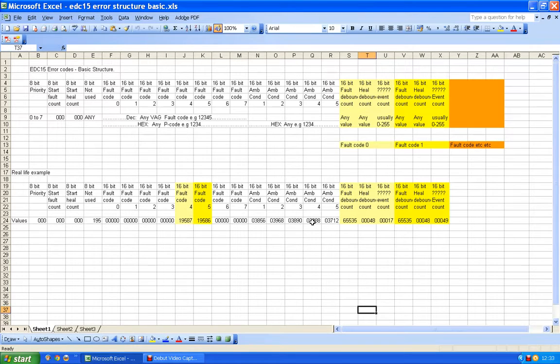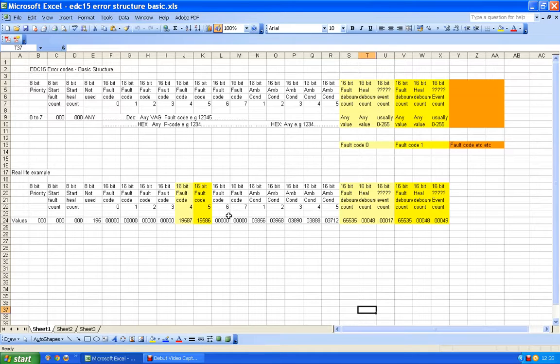This one is the current value for air mass in milligrams per stroke, and this one is the EGR actuator in 0.01%. In other words, it's telling us that you use 0.01 and it's a percentage when it's displayed.